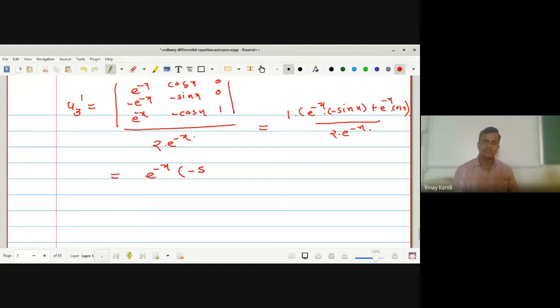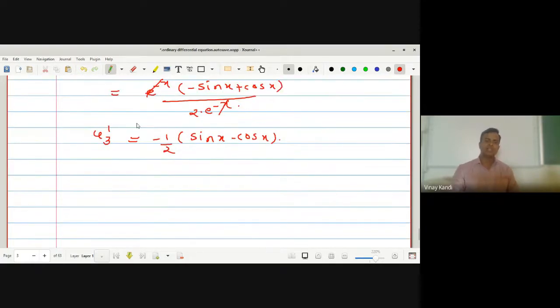In the bracket we get minus sin x plus cos x. 1 by 2 into e raised to minus x. So this gets cancelled. Here we get u3 dash is equal to 1 upon 2 into sin x minus cos x.